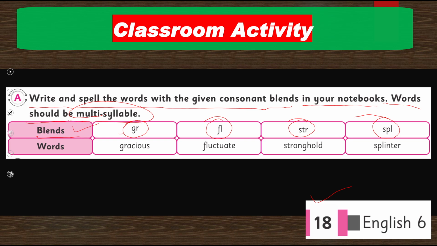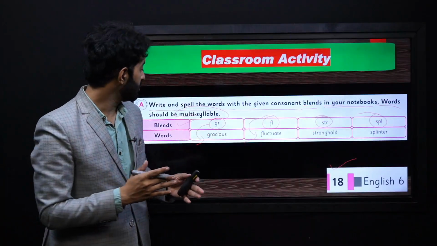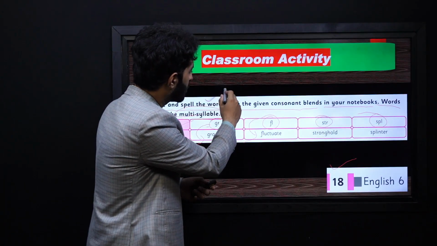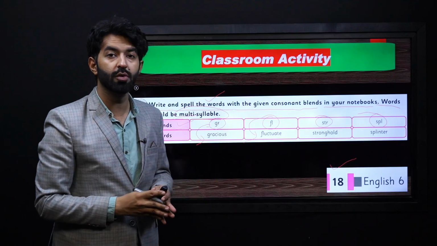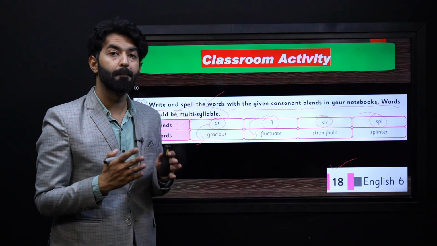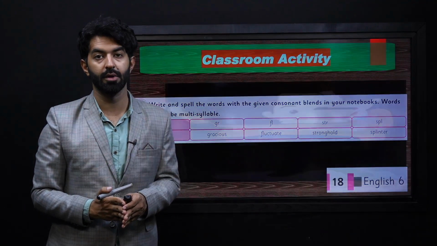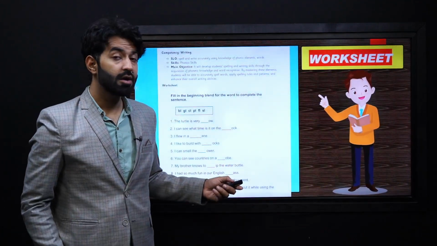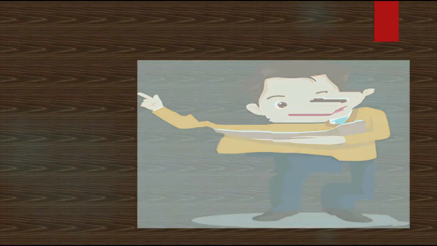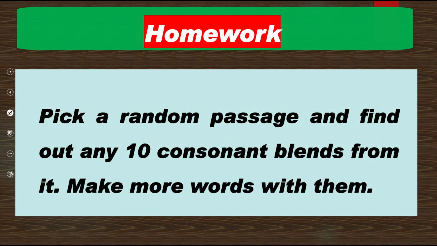You can look at all the words that we made using these consonant blends. Now you have to write and spell the words with the given consonant blends in your notebook, and words should be multi-syllable words. It should have more than one syllable. Here is your worksheet to solve. It will be handed over to you by your teacher.